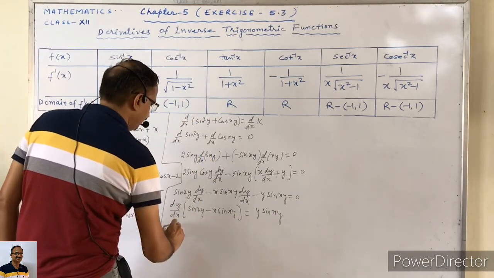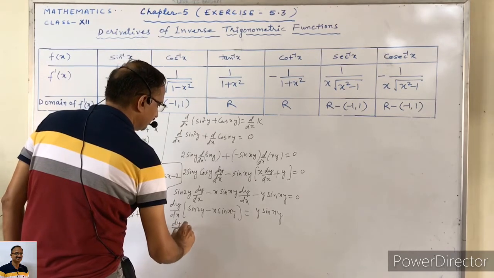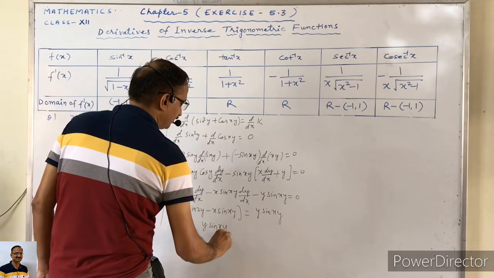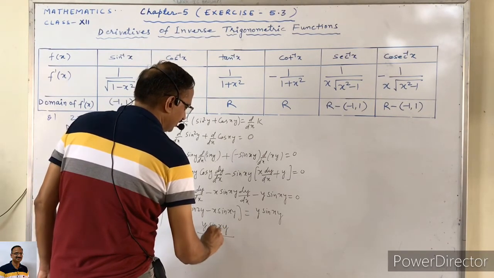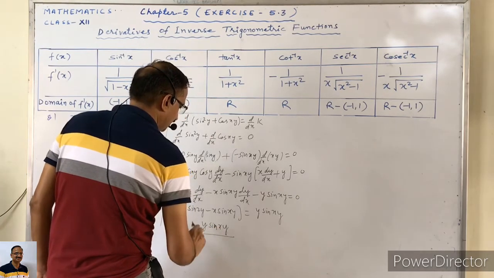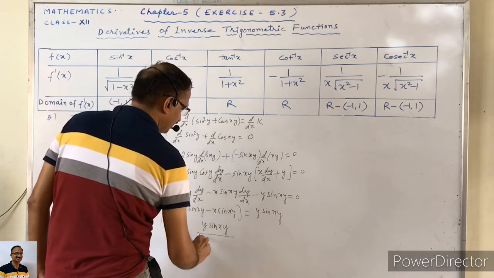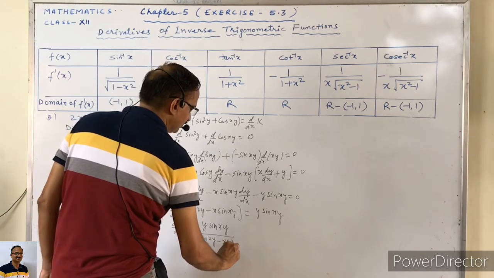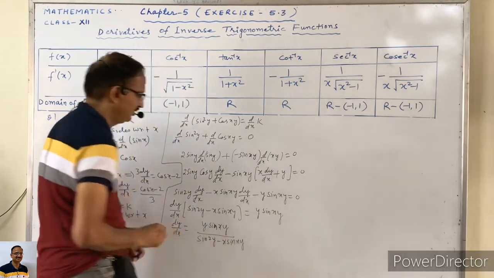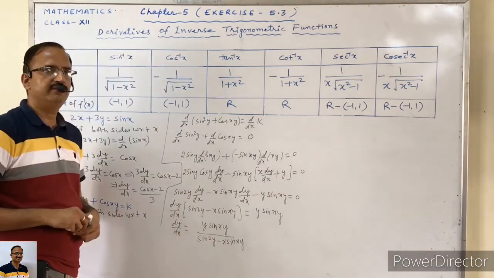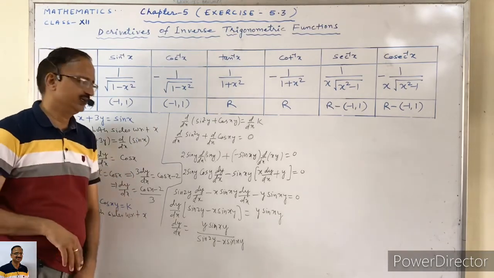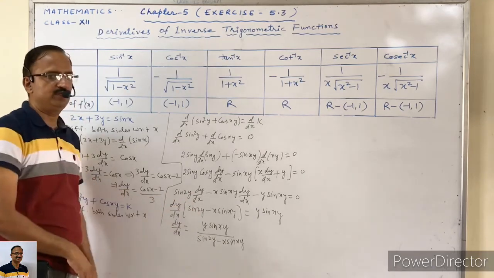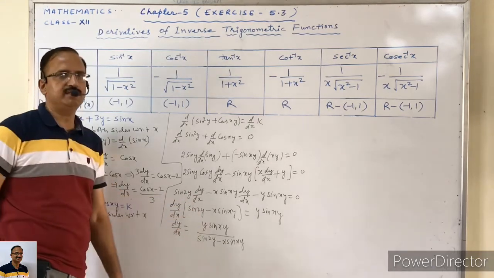Now this dy by dx is y sin xy by, this becomes the denominator, sin 2y minus x sin xy. So this is the derivative of the given function: y sin xy by sin 2y minus x sin xy.